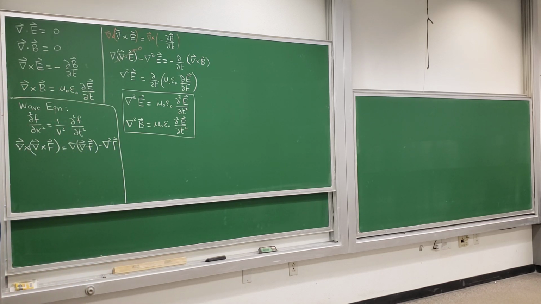Then we said, okay, let's look for a solution to Maxwell's equations, one solution that is not zero. And we proposed a particular solution, and we're going to check whether that solution satisfies all of Maxwell's equations. So it's a good exercise to go over that.